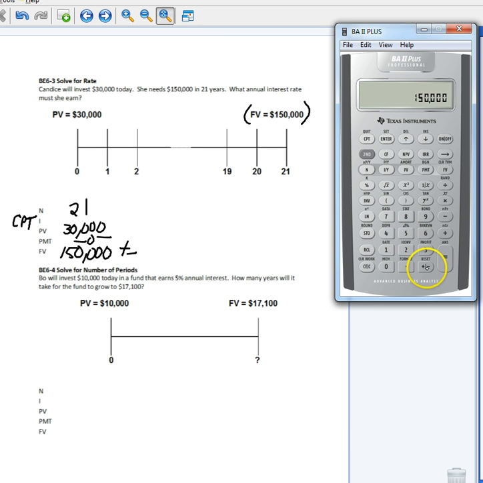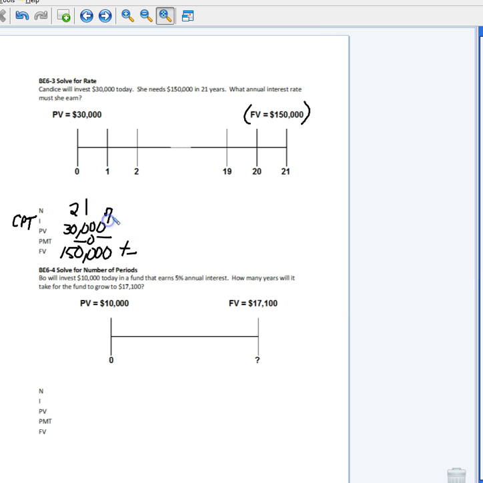And then I'm going to hit the plus minus. So hit plus minus, and that's our future value. Okay, compute the interest rate. 7.97, so roughly 8%. So then we can see, well, what kind of interest rate would we need?